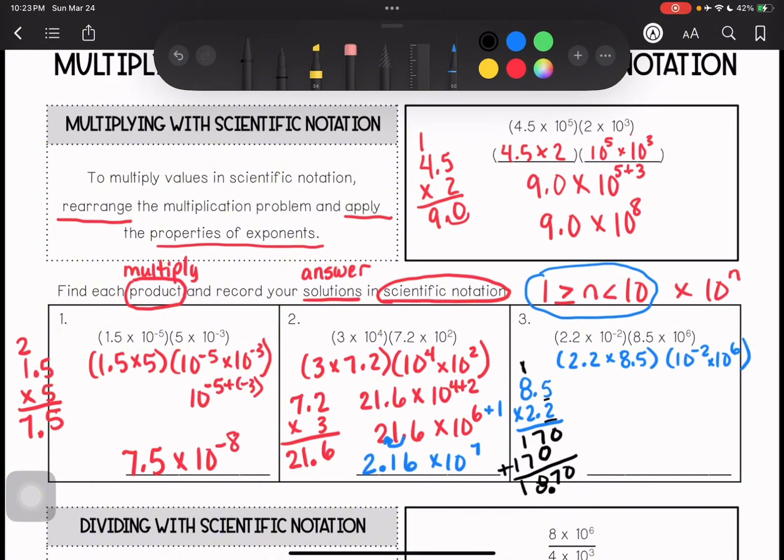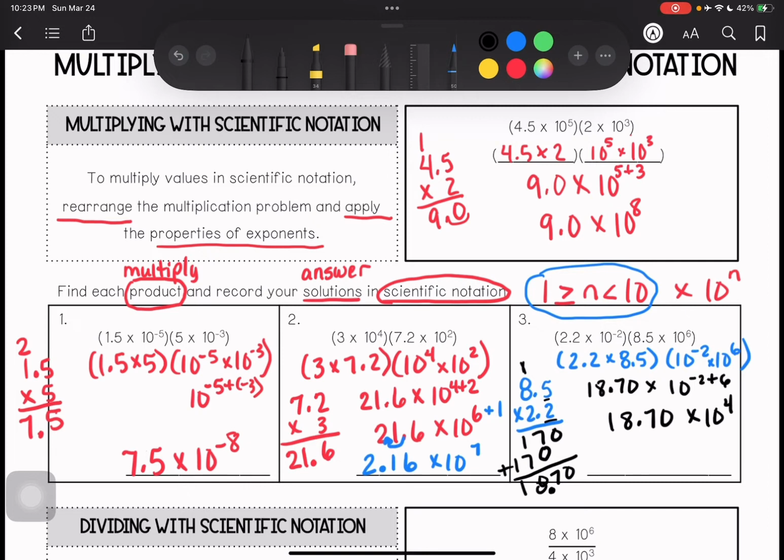It says 18.70. And then I'm multiplying it by 10. I'm adding the exponents because they have the same base. That gives me 18.70 times 10 to the 4th power, because unlike signs, you subtract and take the sign of the larger absolute value. But because this number 18.70 is not in scientific notation, I have to move the decimal one place to the left.